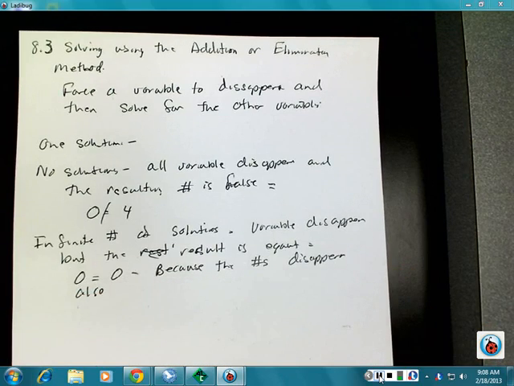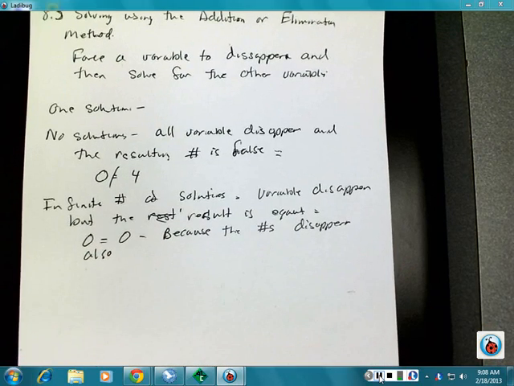So they're going to go away too. So you can get rid of everything that we possibly could have in there if that happens.